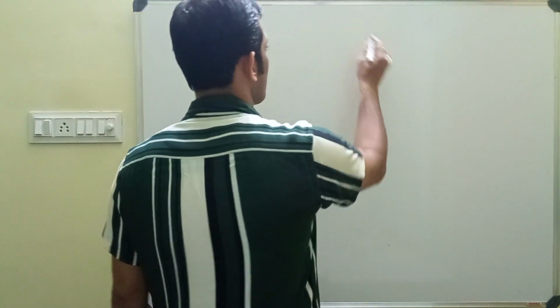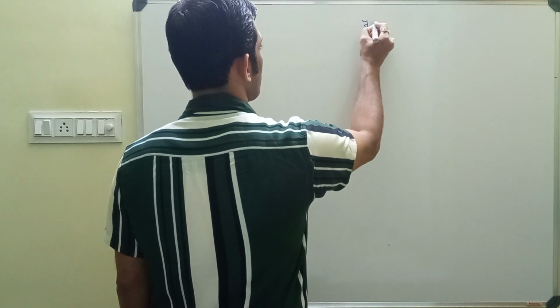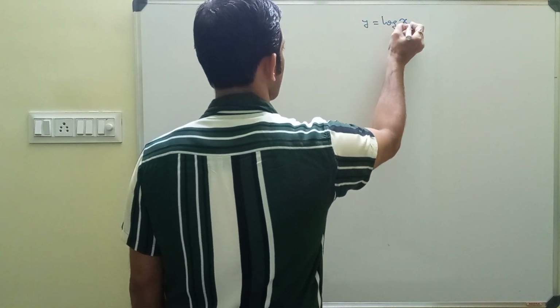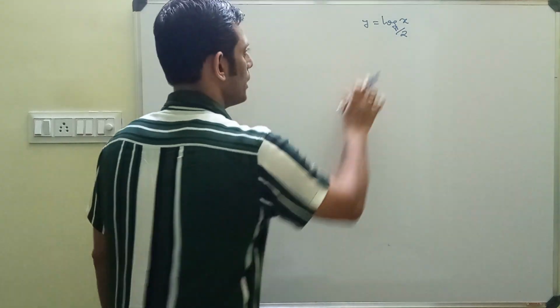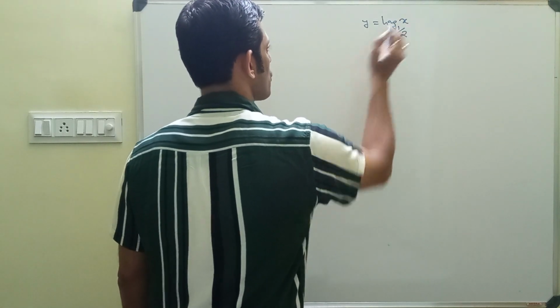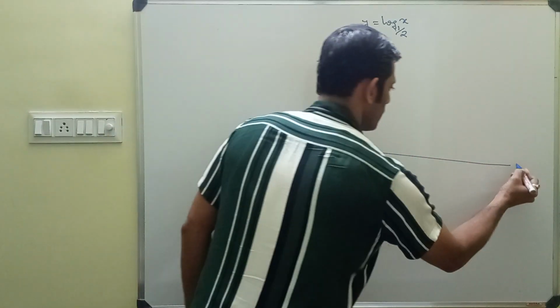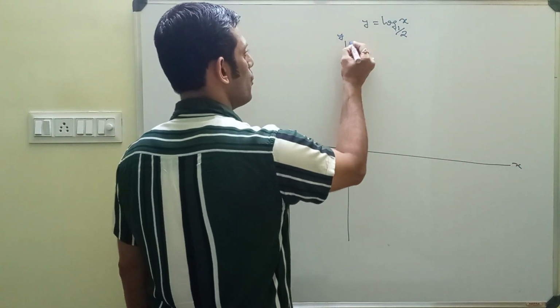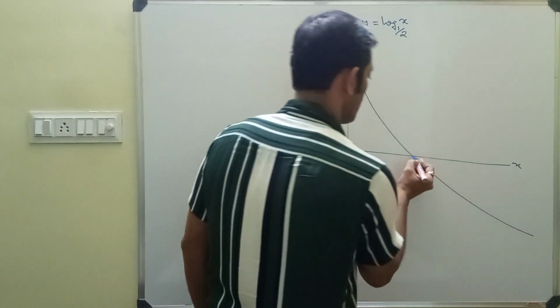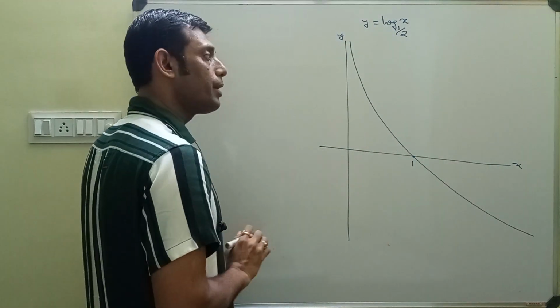Say, for example, you are asked y is equal to log x base half. This is, let's say, a base of half. And for this function, the graph, as you know, would be a decreasing function, cutting the x-axis at x equal to 1.